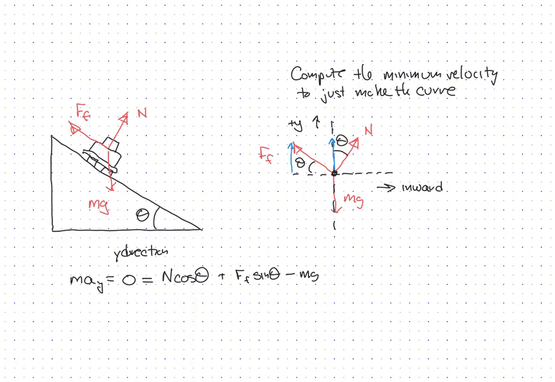So we can remember that the normal force plays a role in the frictional force, and we can now solve for the normal force. So the normal force is equal to, we'll do a little algebra, mg over cos theta plus mu sine theta.